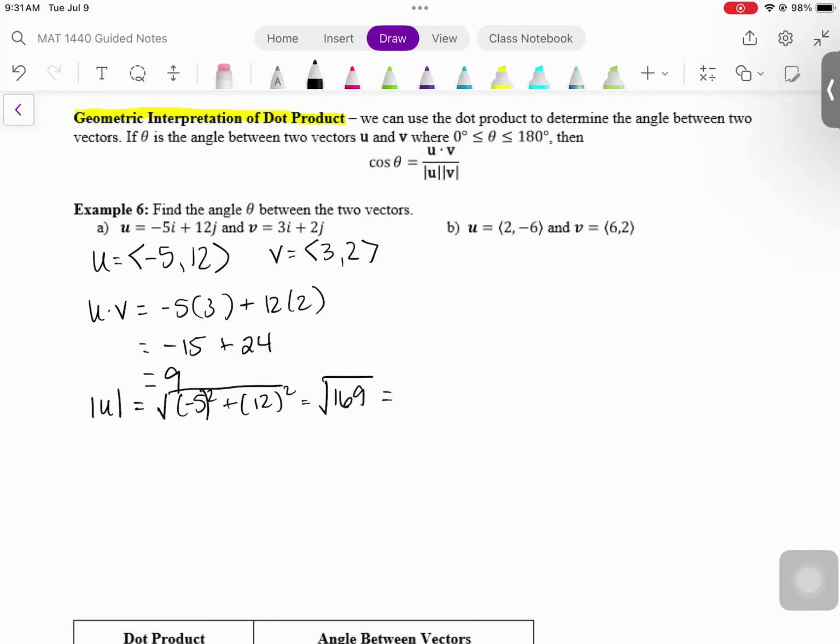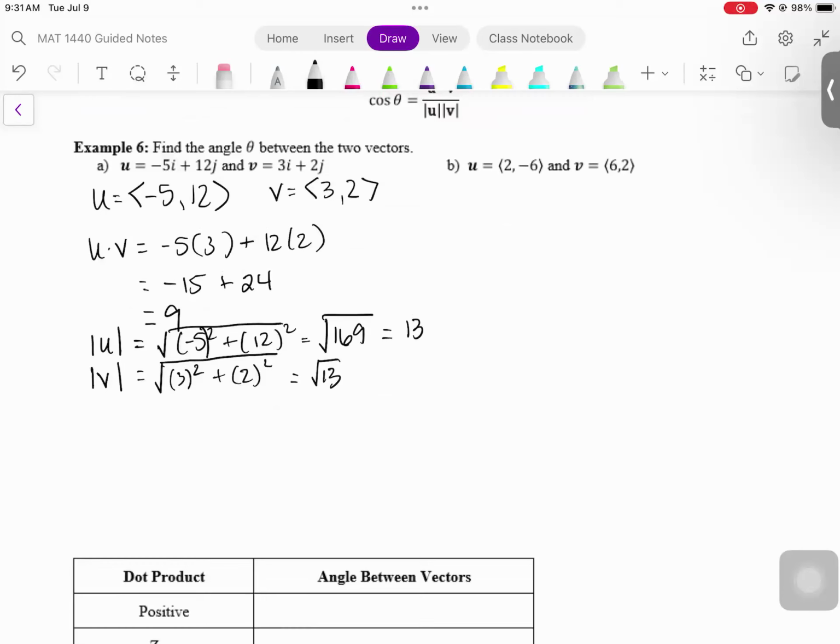So the magnitude of u is 13. The magnitude of v is going to be the square root of 3 squared plus 2 squared. 9 plus 4, this is the square root of 13, is the magnitude of v.